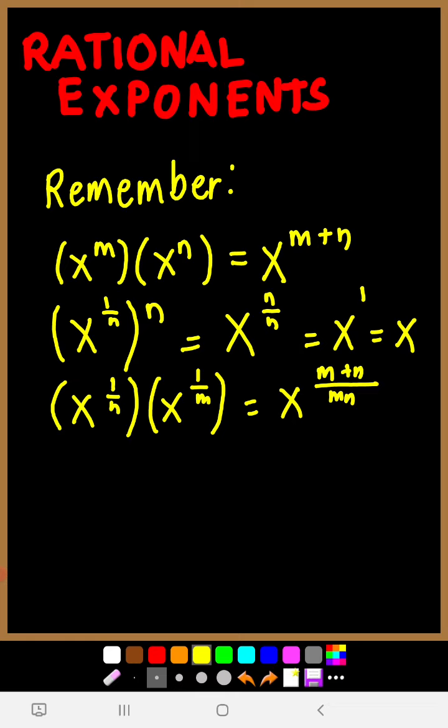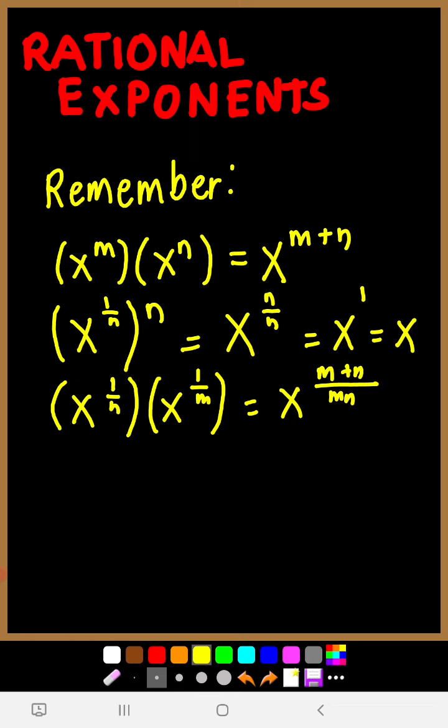And then you also learned about the power of a power, where x raised to 1 over n, raised to n, will be equal to x raised to n over n, wherein you multiply the exponent inside the parenthesis by the exponent outside the parenthesis.